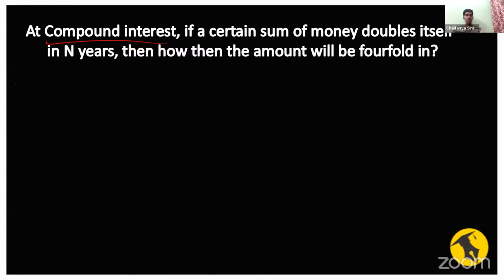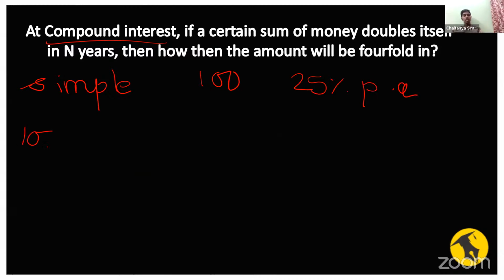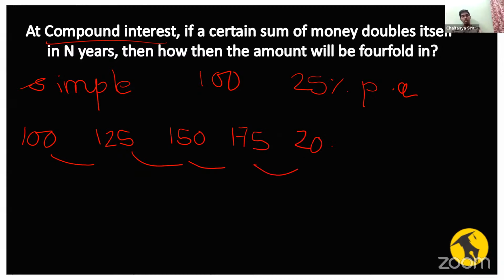Before going to compound interest, let me talk about simple interest. Let's say I am investing 100 rupees at 25% rate per annum. So in first year, I would get 125, then 150, then 175, and then 200.